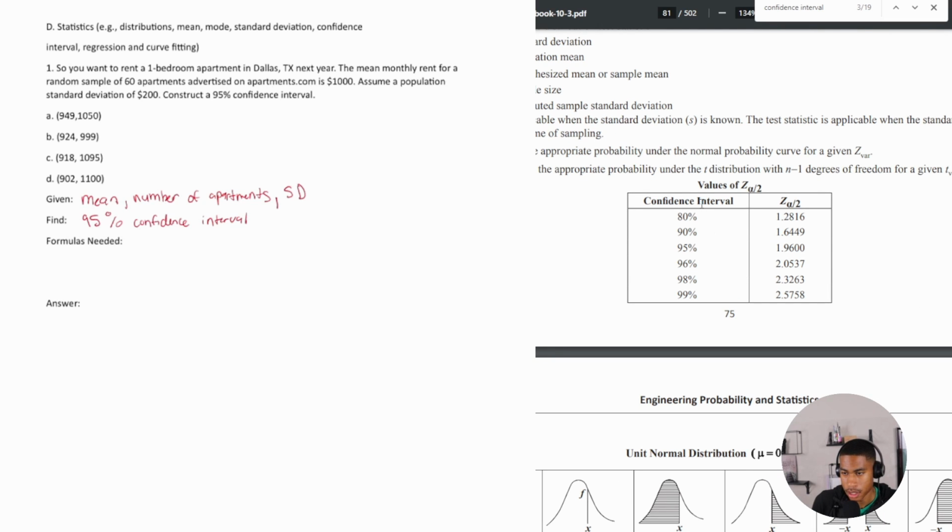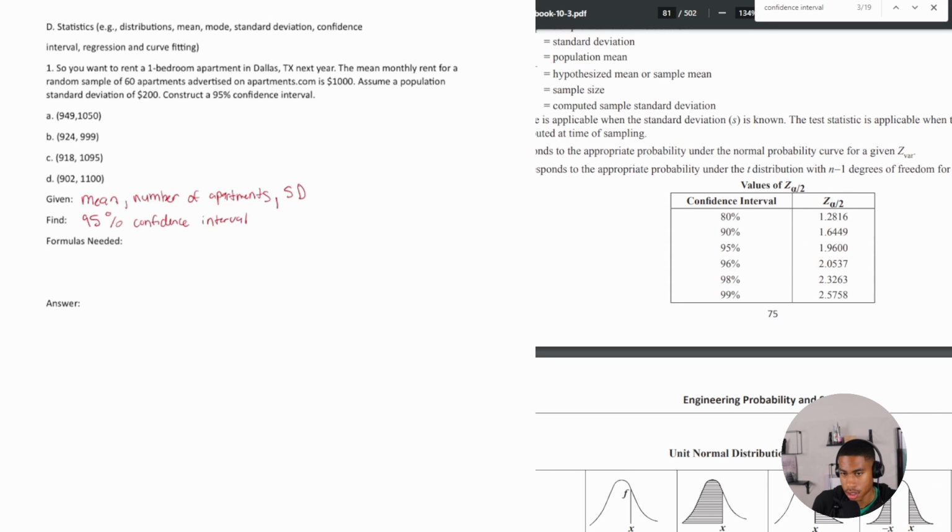Z alpha corresponds to the appropriate probability under the normal probability curve for a given Z variable. So what is the Z variable? Well, we're looking at this 95% confidence interval.